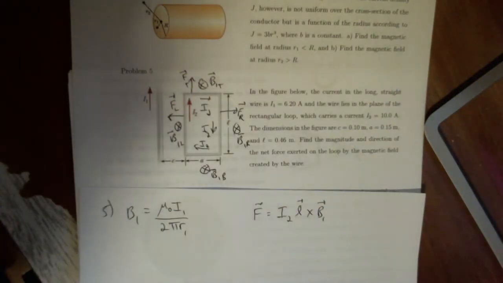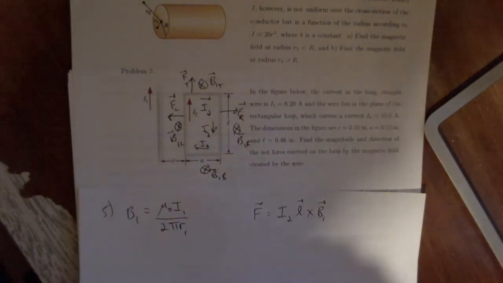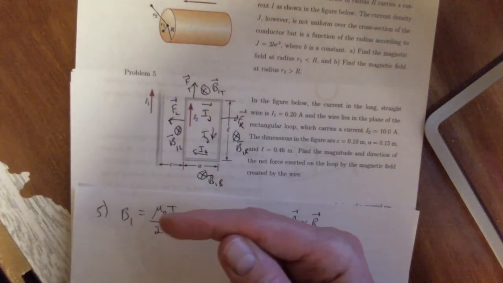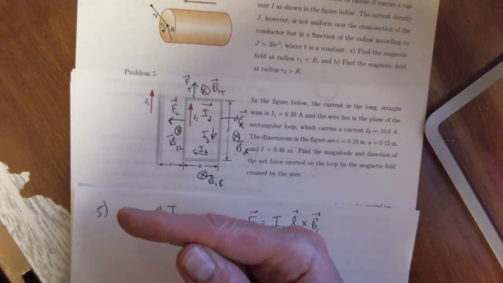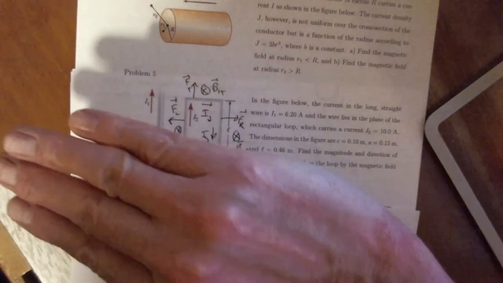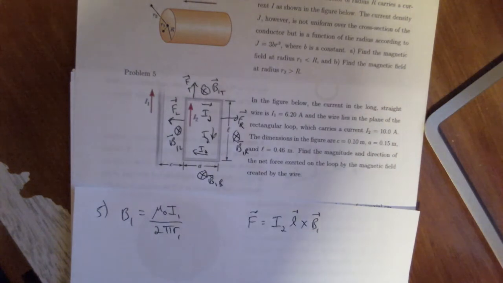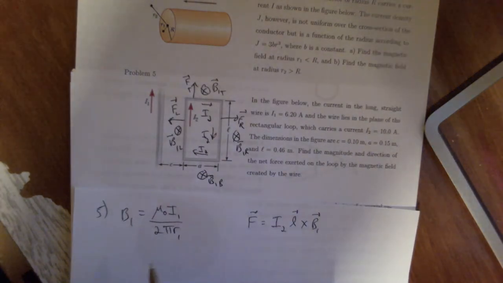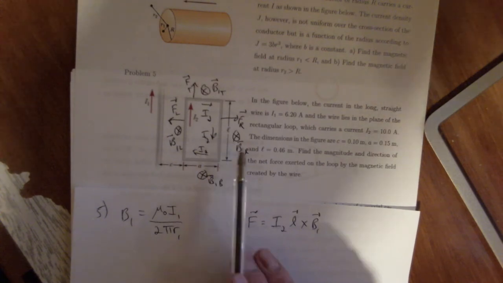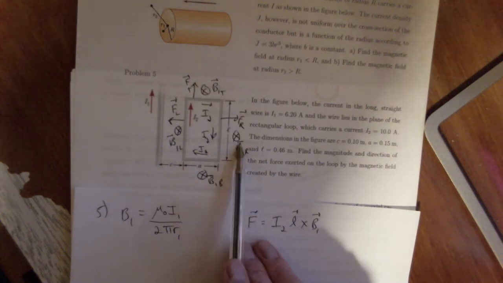And at the bottom, I have the current to the left, and I stretch my fingers along the current to the left and slap into the page, and my thumb points down. So I did make a mistake here. So let's see. IL cross B into the page points right.